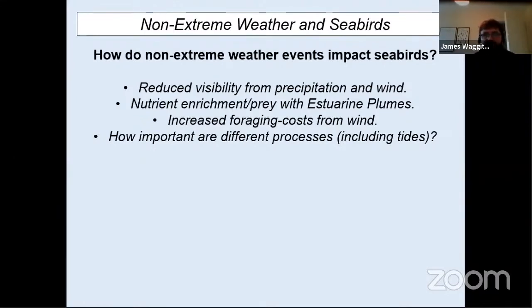So reduced visibility from precipitation and wind, perhaps nutrient enrichment or the addition of prey which are brought in with estuarine plumes, increased foraging costs from wind, but also to try and see how important these different processes are. So we know that tides are really important for birds feeding in the coastal areas, but how important is tide compared to wind and rain, for instance?